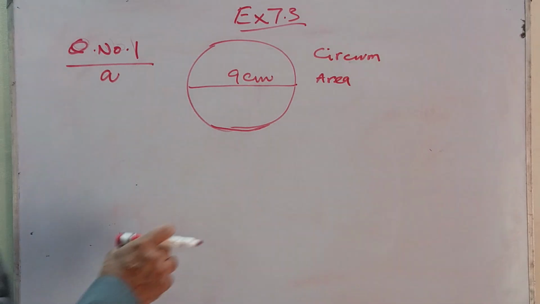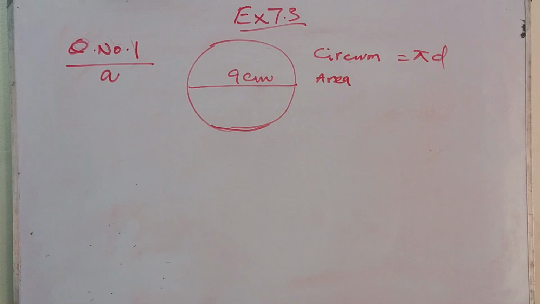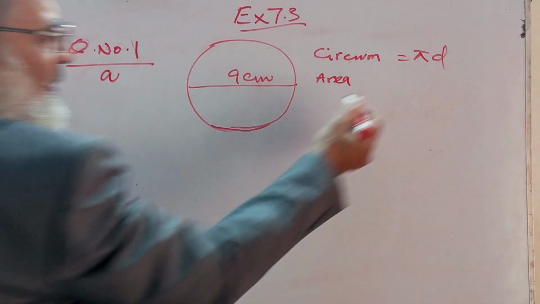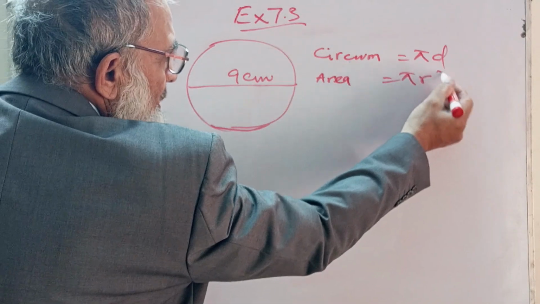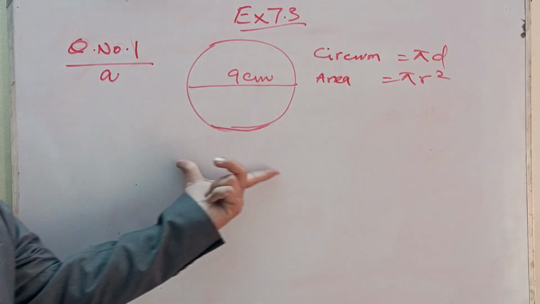So you know that circumference is pi d, and area is pi r square. It is very easy, we don't have to multiply this pi 3.14 with the radius or with the diameter.